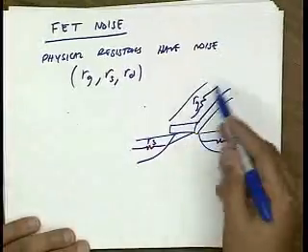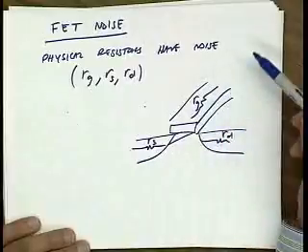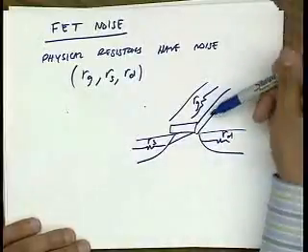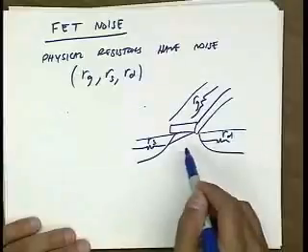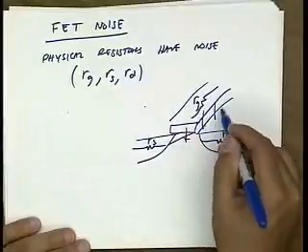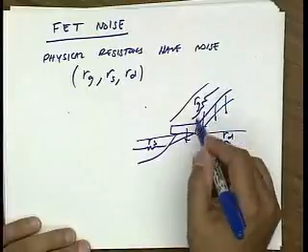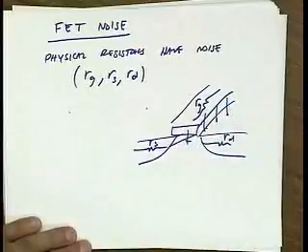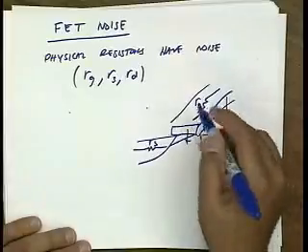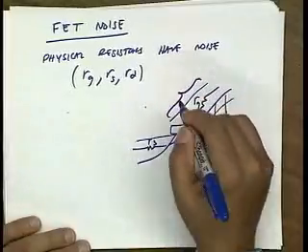Now the gate resistance is a little bit tricky because the current doesn't all flow to the end of the gate and then magically appear in the transistor. Actually, the current is continuously flowing from the gate into the channel, right, through that capacitance. So this is actually a distributed resistance.